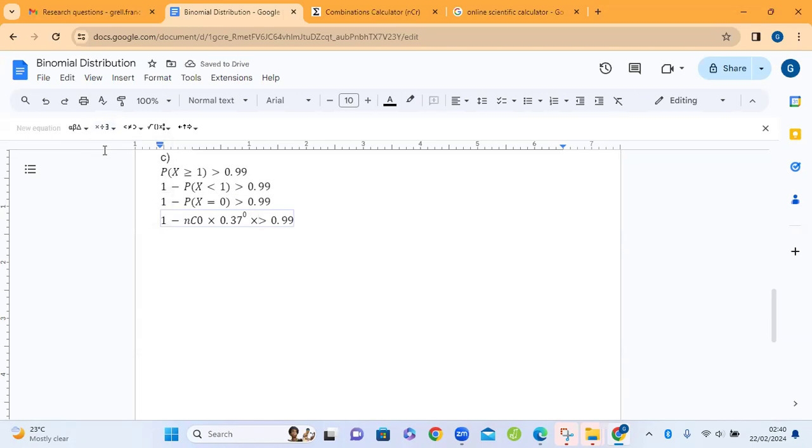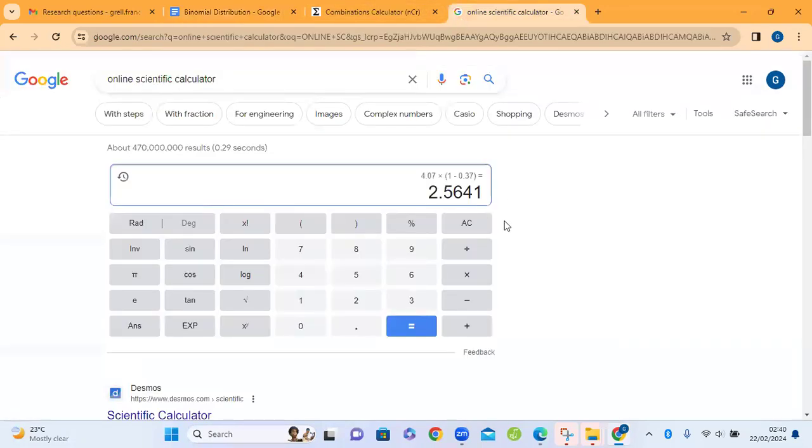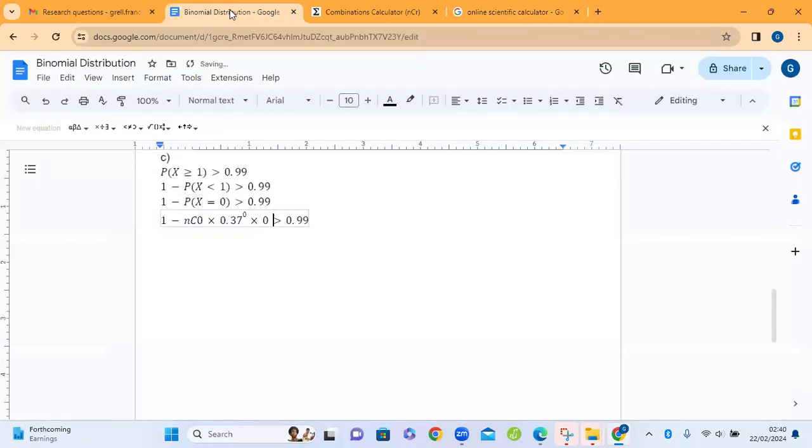So that will be 0.63. 1 subtract 0.37 is equal to 0.63. So that will be 0.63 raised now to the n minus 0, which is n, greater than 0.99. So now we have an inequation with n in it.